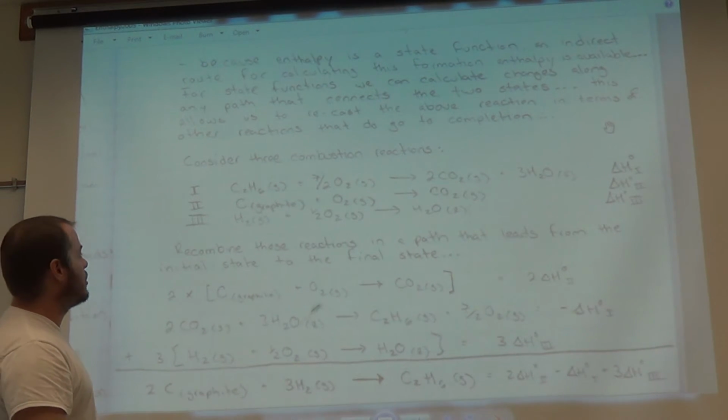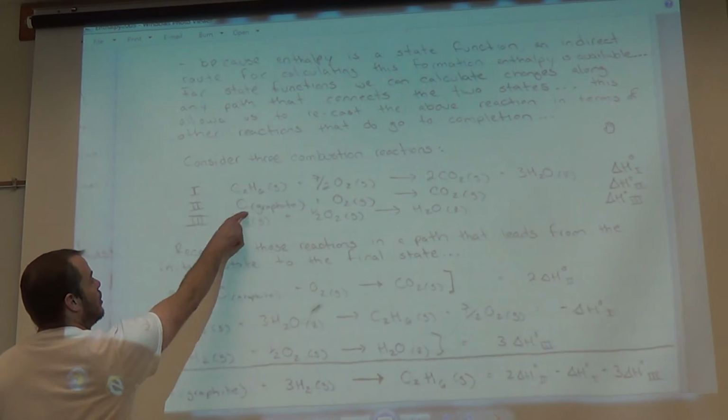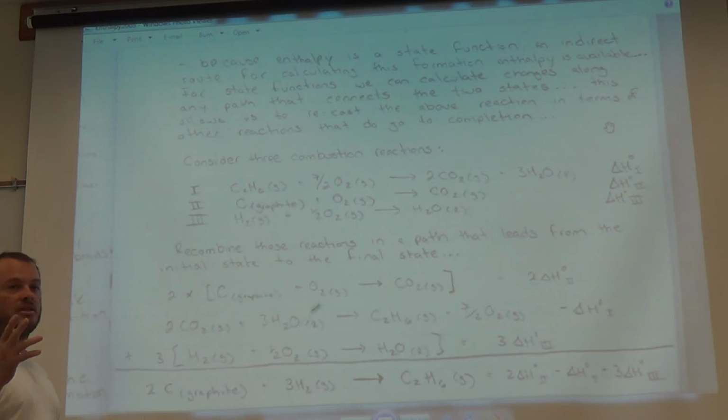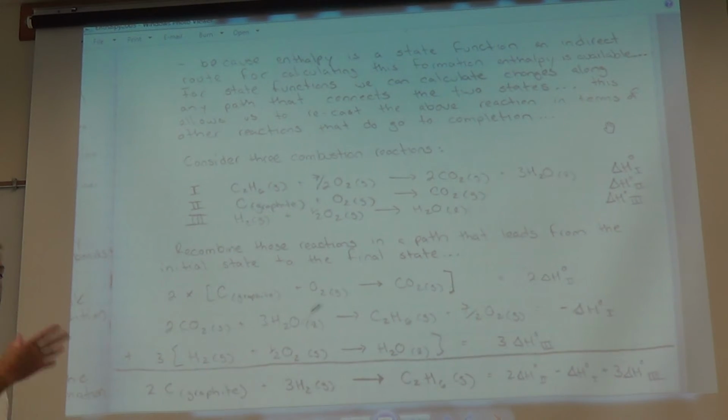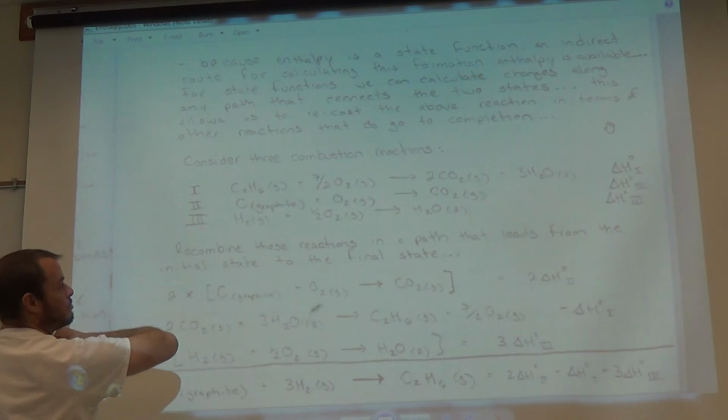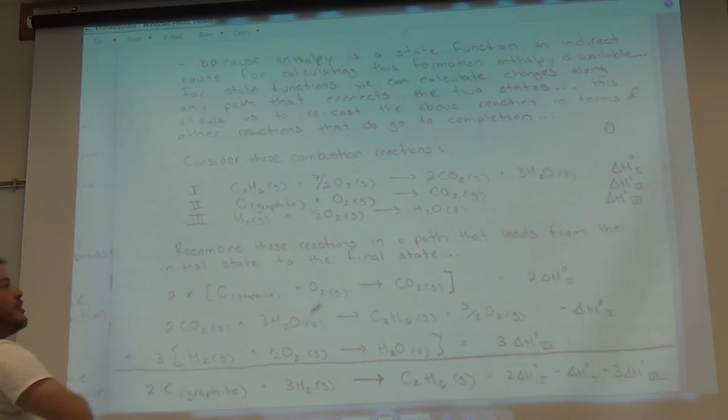Side reactions are kind of minimized. We can take some graphite, combust it and turn it into carbon dioxide, right? Take the graphite, throw some oxygen in there, torch it, measure the heat. Now we've measured the delta H for this reaction. Similarly, we can take hydrogen, throw it in with some oxygen, run the combustion reaction, and figure out delta H of this reaction.